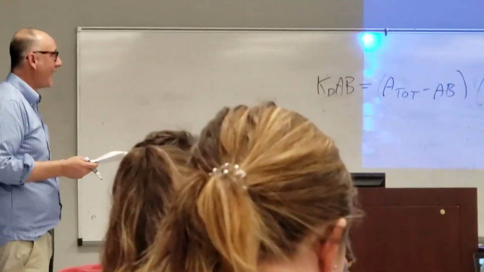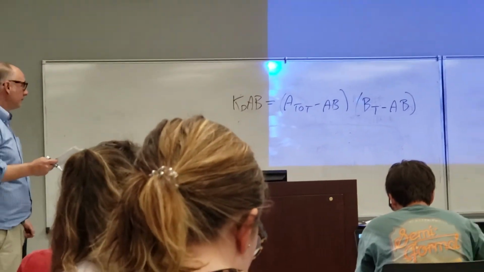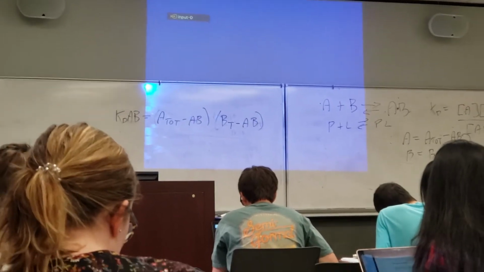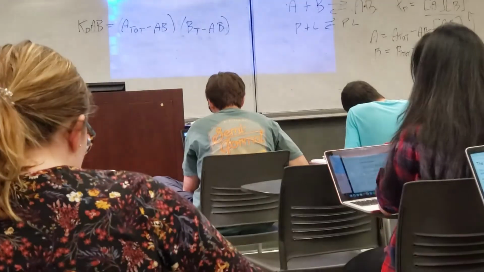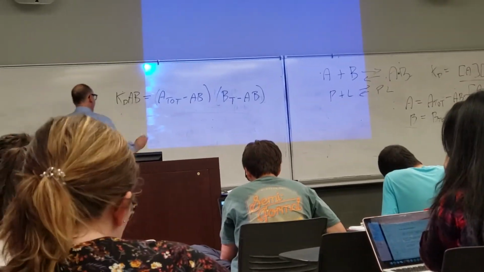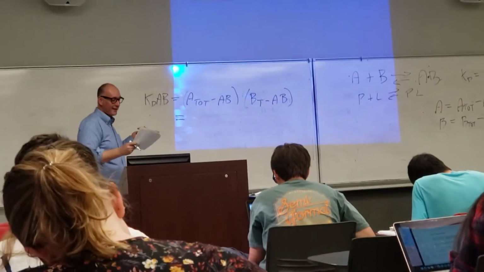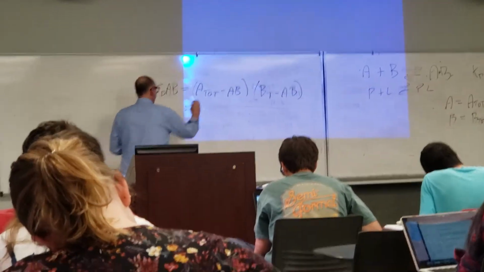I want to multiply that out. So how do I multiply this out and get all the terms? FOIL. All right, so if I FOIL this, first, outside, inside, last, right?